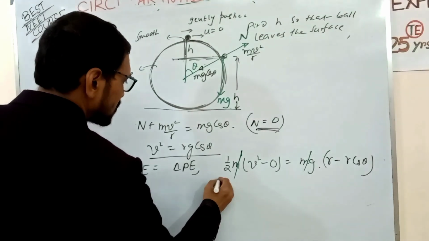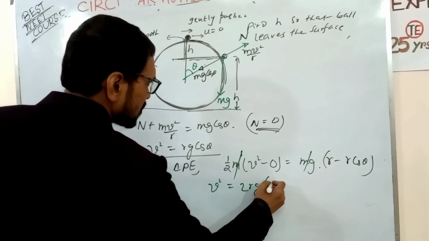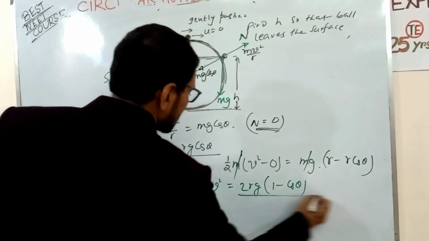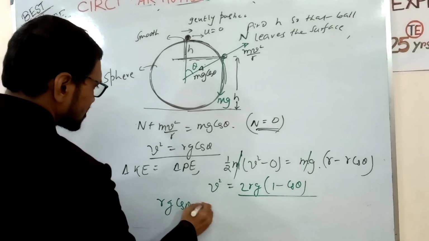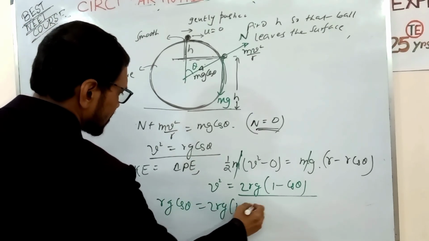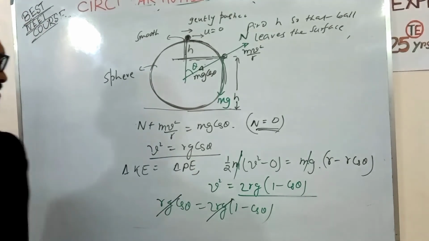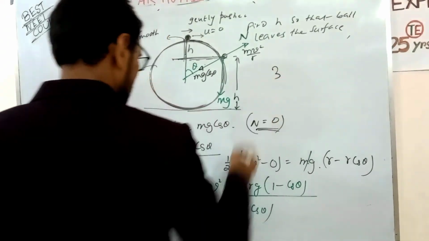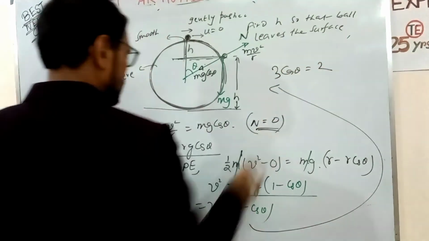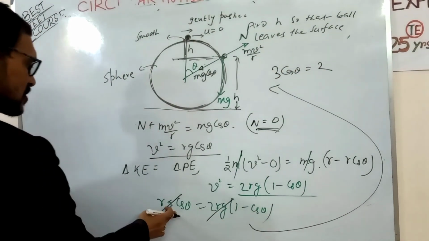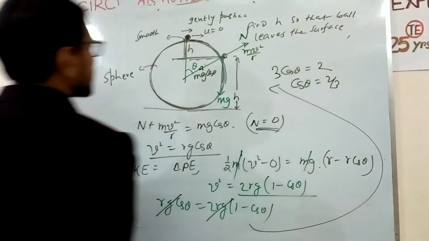So v square equal to 2rg into (1 minus cos theta). Now here v square equal to rg cos theta, so rg cos theta equal to 2rg (1 minus cos theta), cancel rg both sides. So we get 3 cos theta equal to 2, so cos theta equal to 2 by 3.